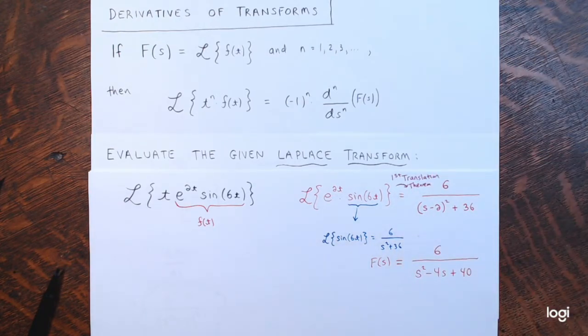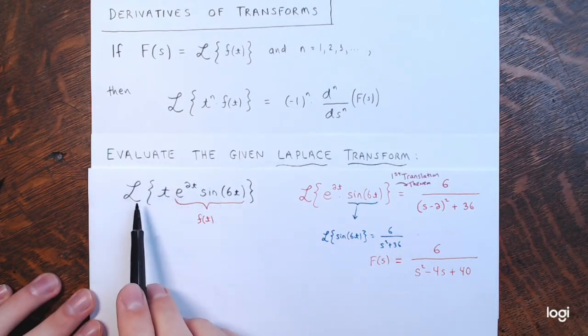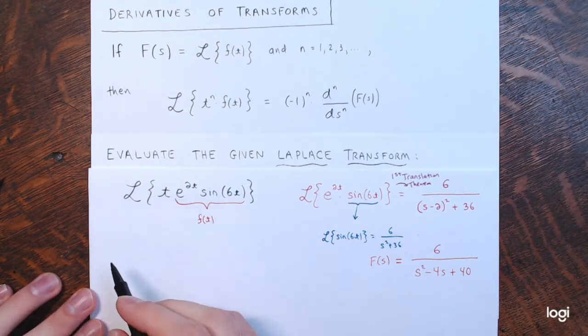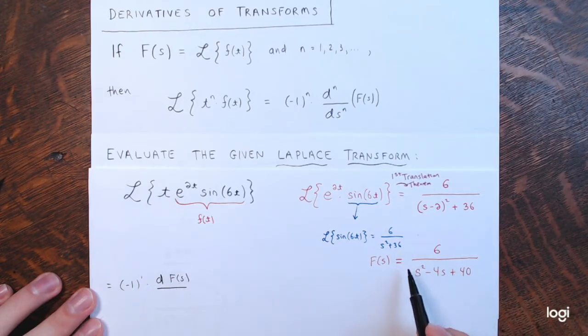Alright, so this is applying the first translation theorem. I got that result. And then applying this rule for derivatives of transforms, the Laplace transform of t to the first times this would again just be negative 1 to the first times the first derivative of capital F of s, where this is capital F of s.